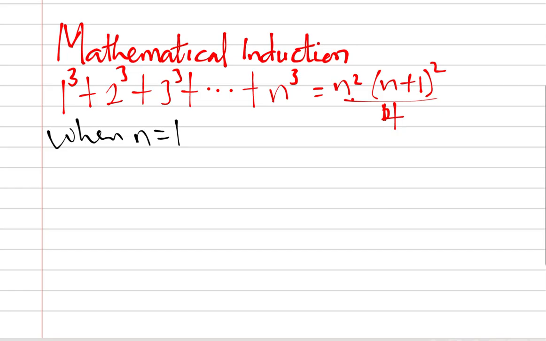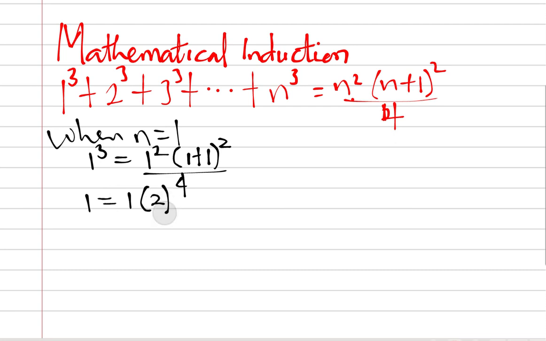So for this one, you are going to have 1 raised to power 3 equals 1 squared open bracket 1 plus 1 all squared all over 4. 1 raised to power 3 is 1, equal to 1 raised to power 2 is 1, open bracket 1 plus 1 is 2, all raised to power 2, over 4.